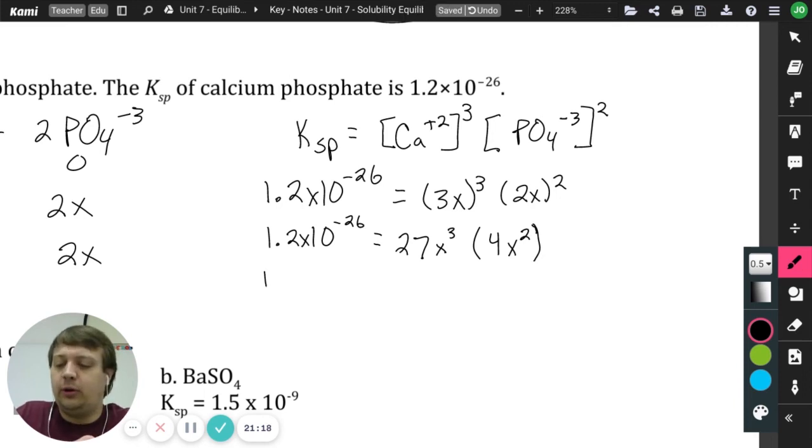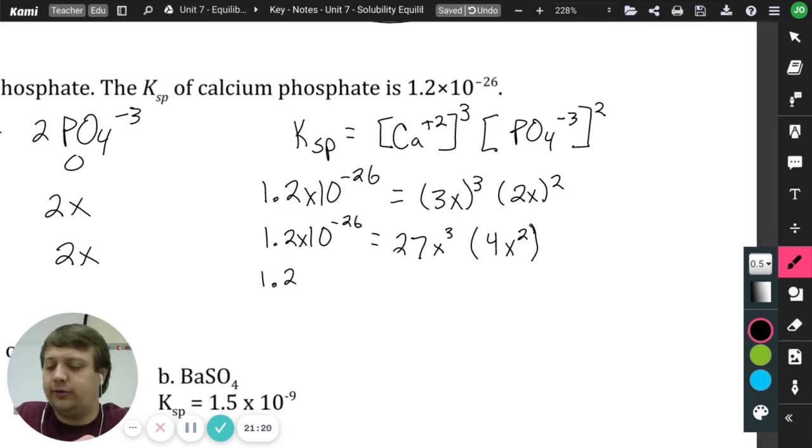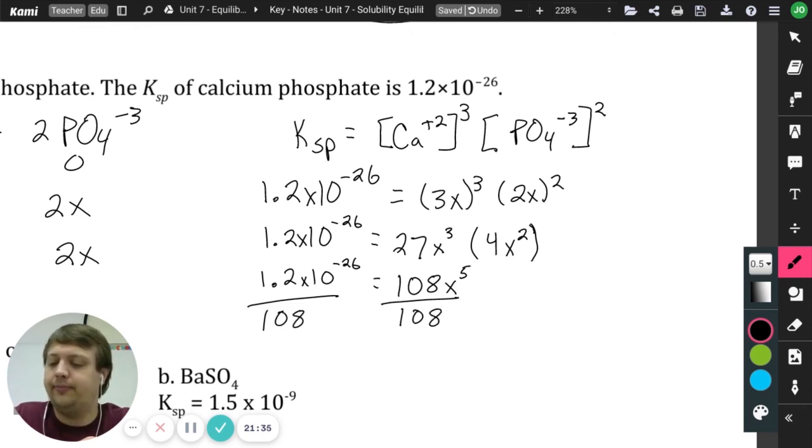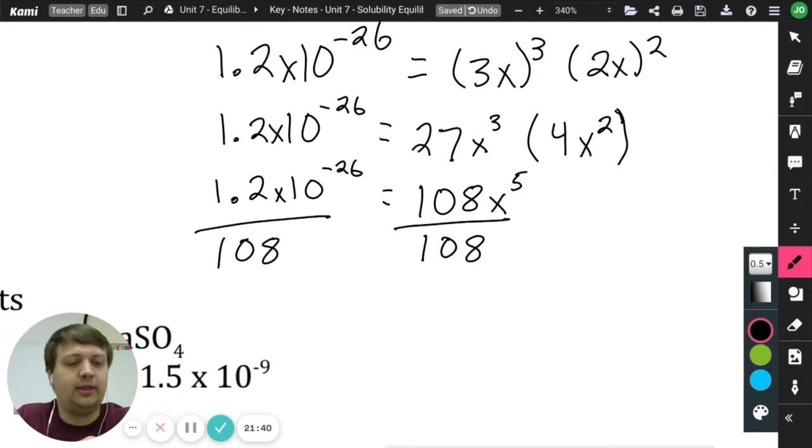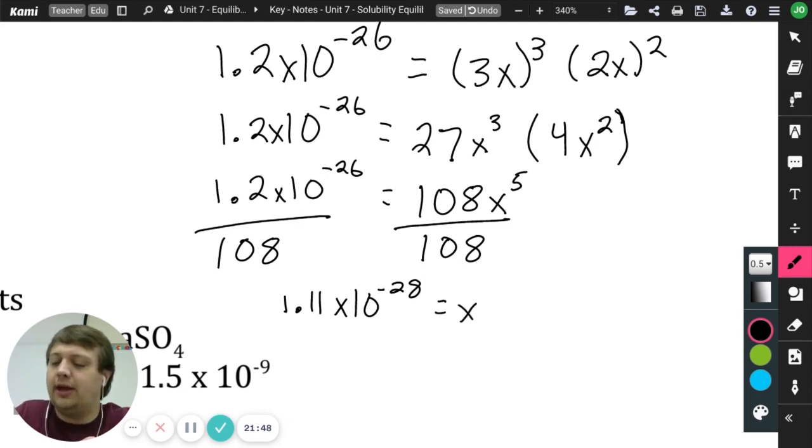And when we would rewrite that, combining those two, 1.2 times 10 to the negative 26 equals 108x to the fifth. Divide both sides by 108. And when we do that, we will end up with 1.11 times 10 to the negative 28 equals x to the fifth.